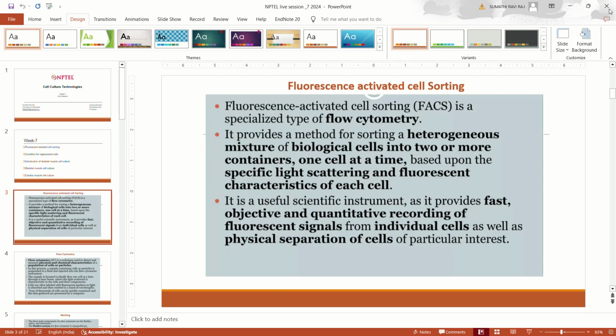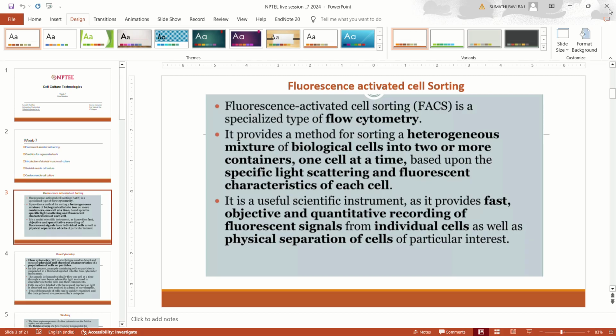So fluorescence activated cell sorting or fluorescent assisted cell sorting, it can be called either way. That means depending on the fluorescence that the cell or the tagged molecule on the cell emits, the signal of the fluorescence is used for detection of different cells in a mixture of cells.